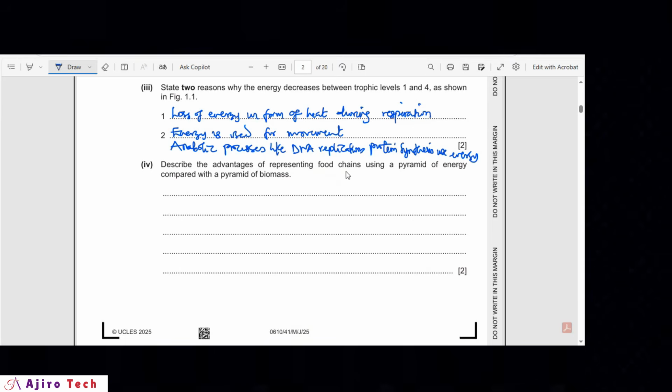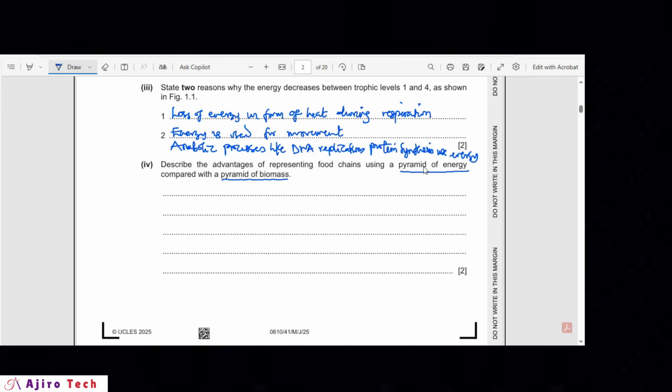When you look at the representation of a food chain using a pyramid of biomass and using a pyramid of energy, you compare them to look out for the advantages that one has over the other.